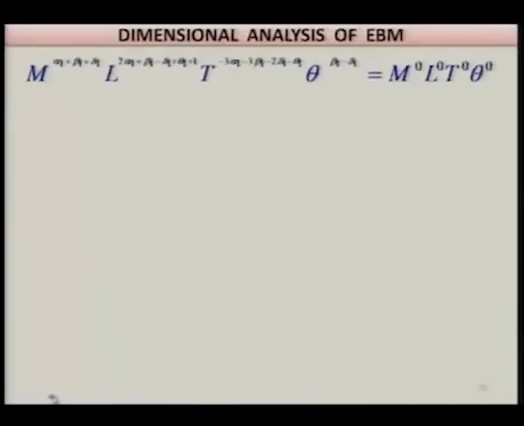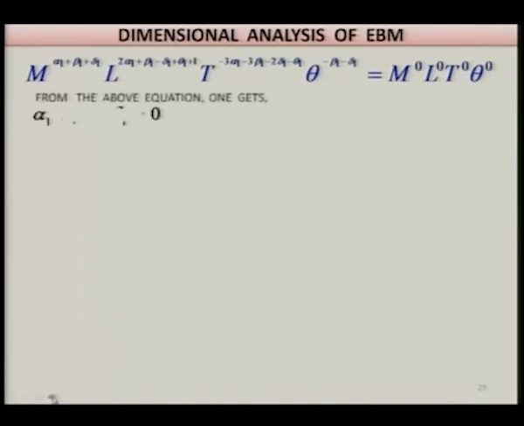You get this equation: M raised to power alpha 1 plus beta 1 plus delta 1, L raised to power 2 alpha 1 plus beta 1 minus delta 1 plus phi 1 plus 1, T raised to power minus 3 alpha 1 minus 3 beta 1 minus 2 delta 1 minus phi 1, and theta raised to power minus beta 1 minus delta 1, is equal to M raised to power 0, L raised to power 0, T raised to power 0 and theta raised to power 0.